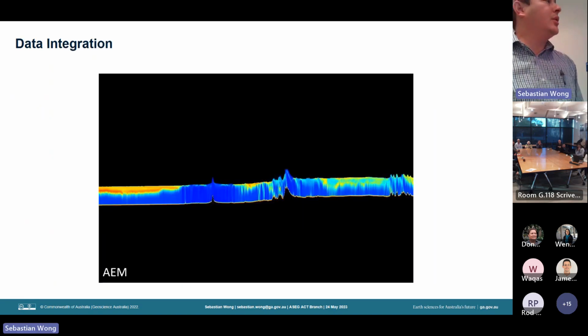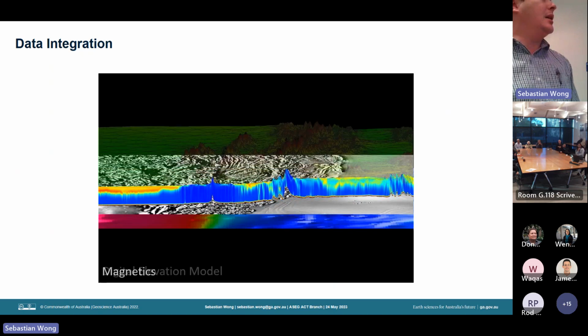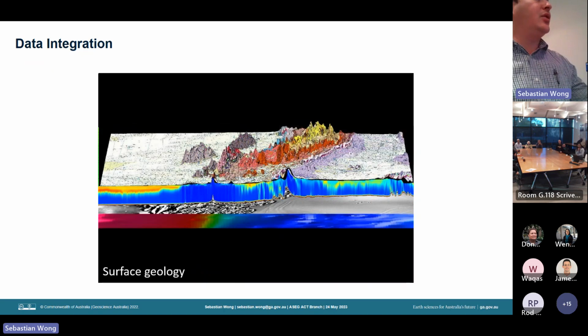So we also integrate the AEM with a range of different data sets to help us get the best out of the interpretation. So the other potential fields, such as the gravity and magnetics, digital elevation model, very useful is draping the surface geology on the digital elevation model.